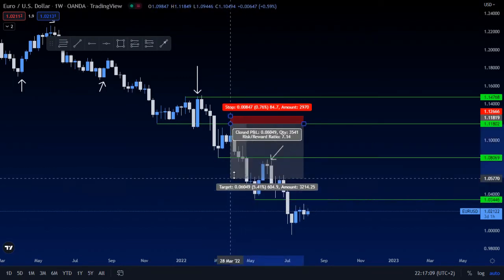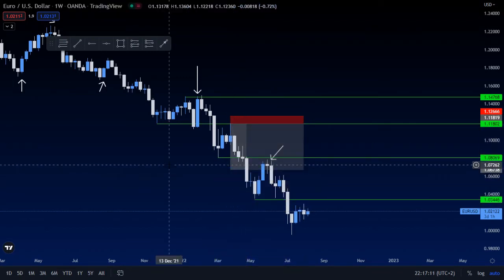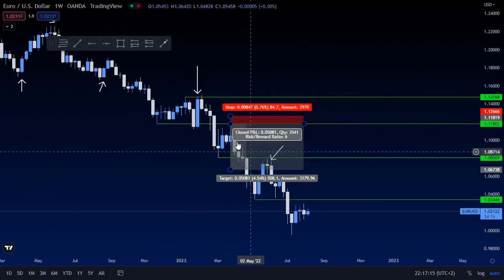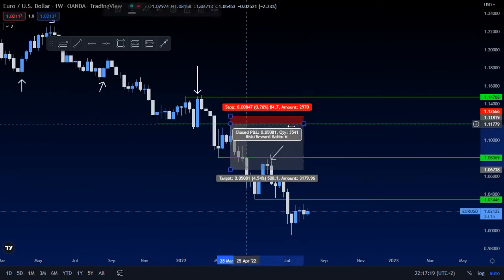So usually where we would like to take profits, just based off the simple technique of market structure and support and resistance, is for the market to create a new lower low.